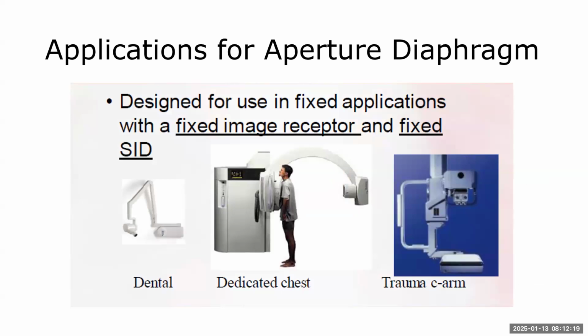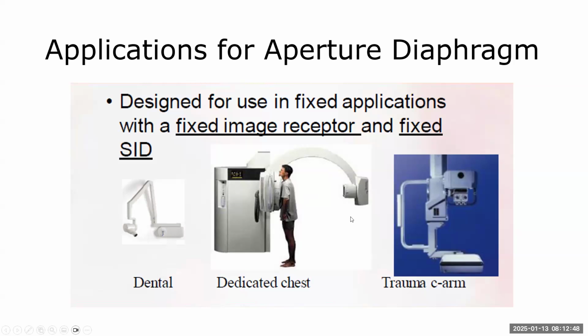Well, one place you may see it is in fixed applications, like with dental, or on this one, which is a fairly new piece of equipment, but see how everything is connected. So the tube and the IR move together, so you can't move one without the other. And it's a fixed SID, in other words, you can't change this SID from where it is.